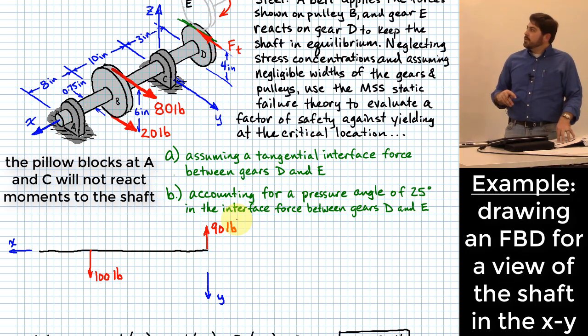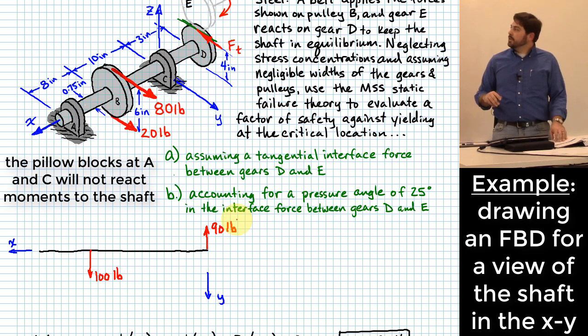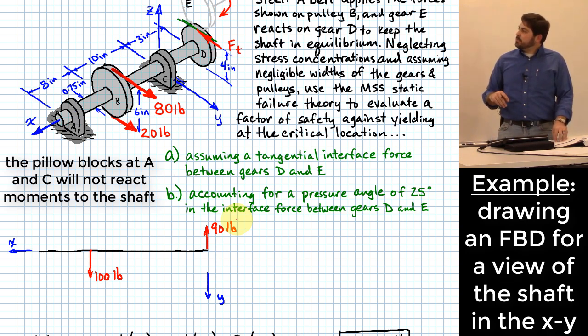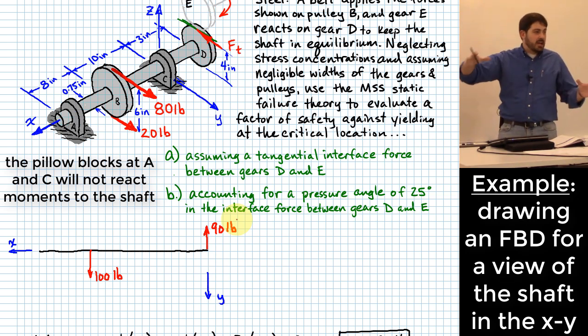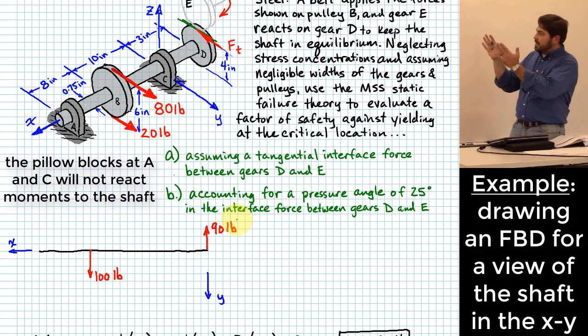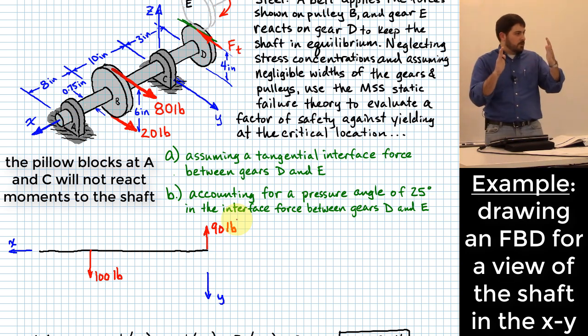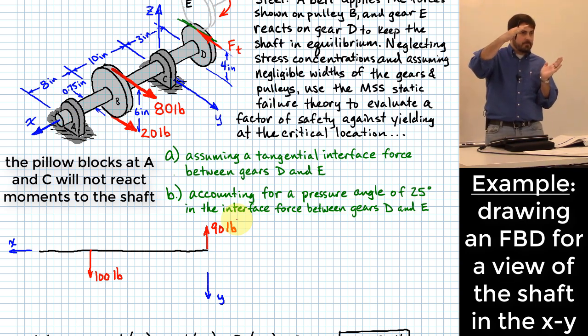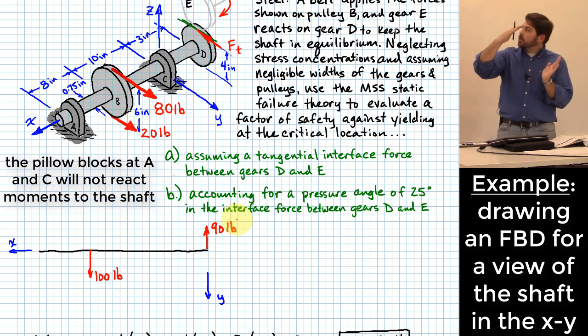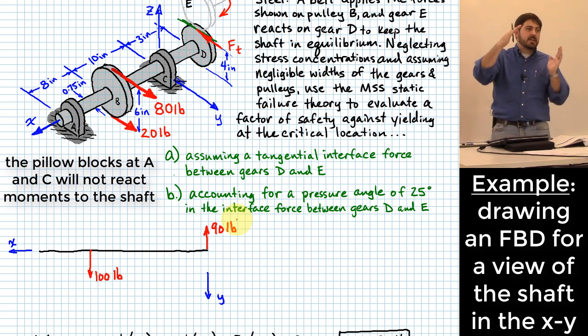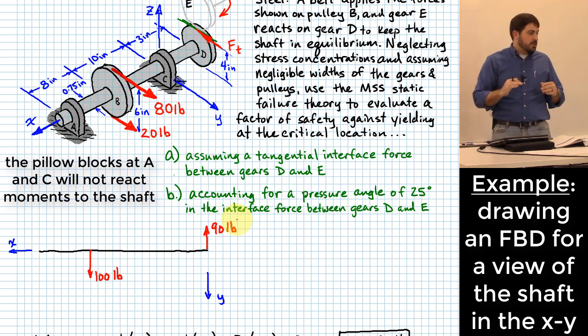The supports. Now let me give you a little trick you can use here. If I didn't have supports and I'm looking at that plane, what direction would it want to spin? Counterclockwise. That means my supports had better react against that rotational direction.